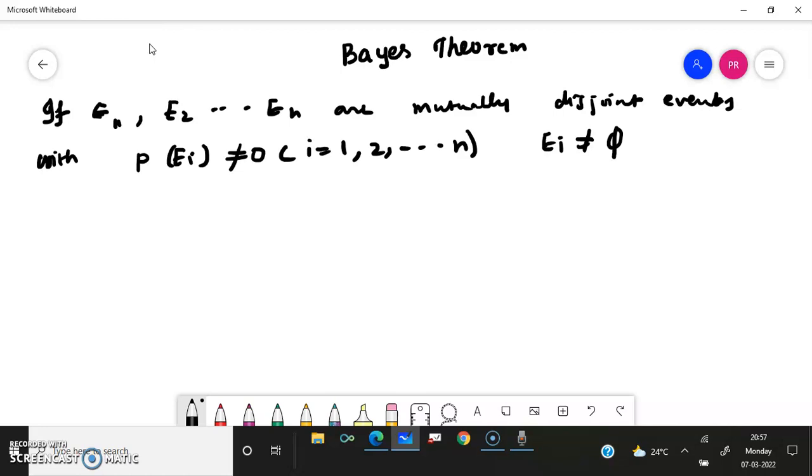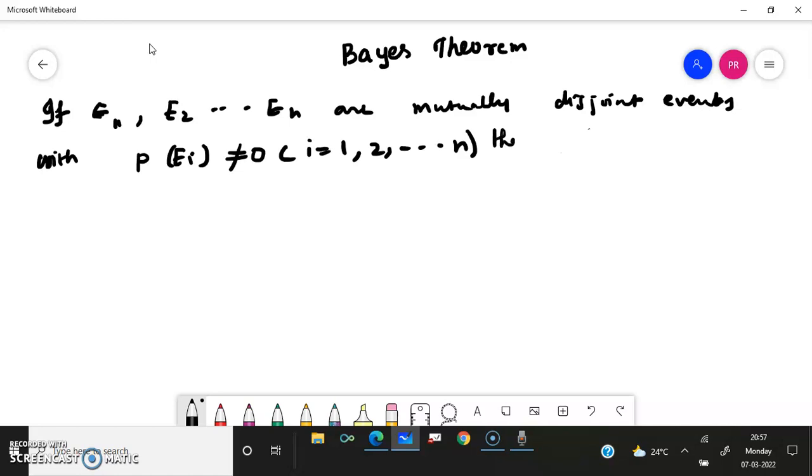They are not impossible events, right? That is what it is said. None of the Ei is an impossible event. All the Eis exist. So you are having E1, E2 and so on to En as mutually disjoint events with P of Ei is not equal to 0.